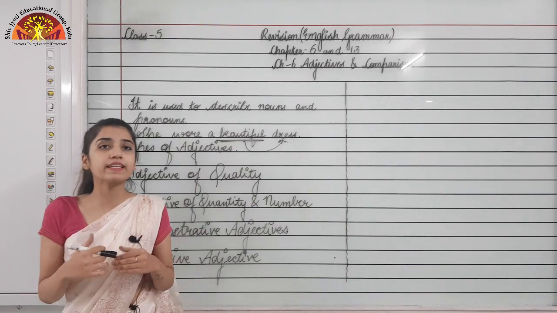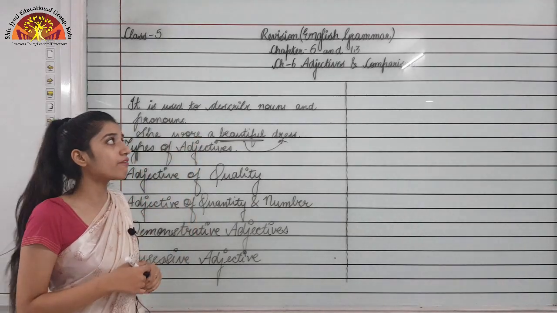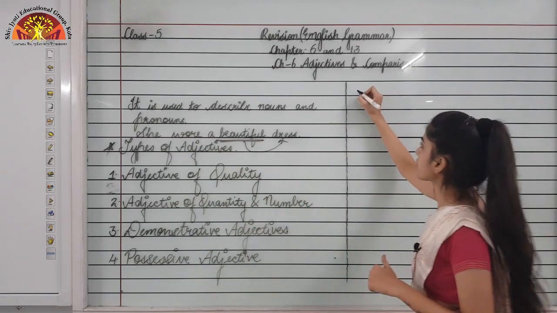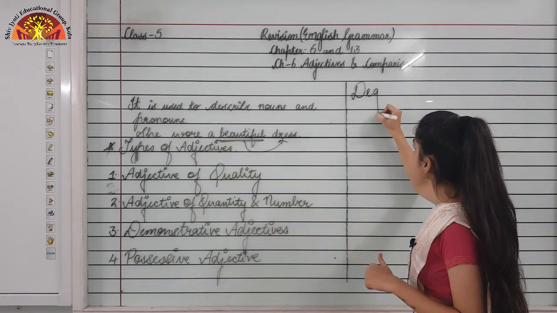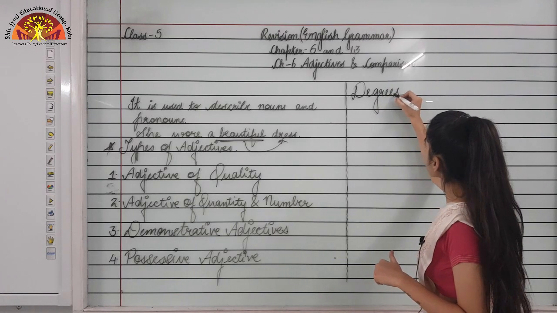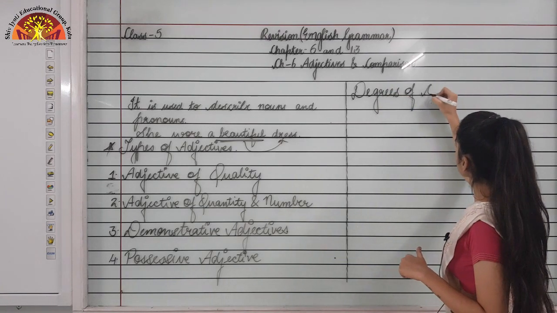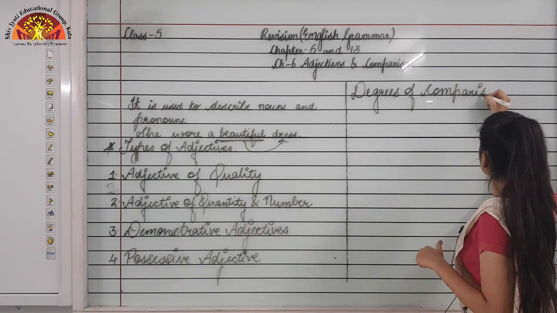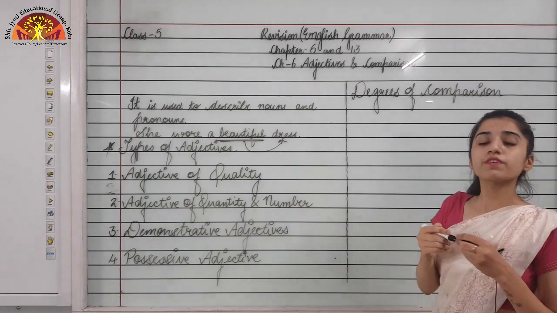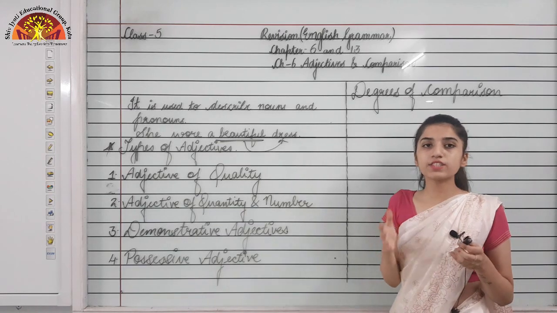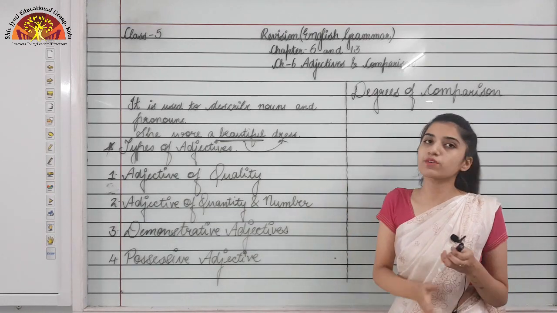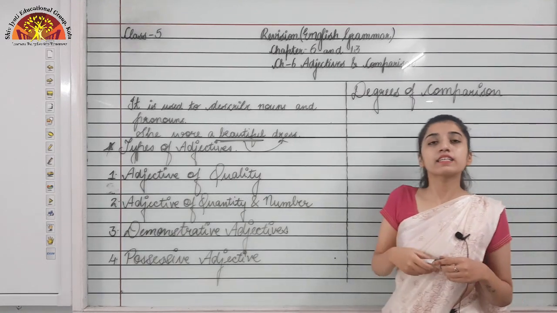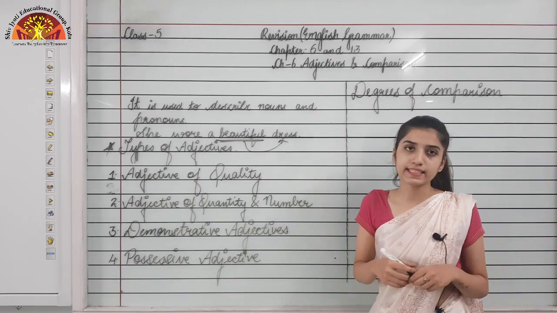Now moving to the degrees of comparison that we have in adjectives. The next topic is degrees of comparison. To compare adjectives, we have 3 degrees. The first one is positive, the second is comparative, and the third one is superlative degree.